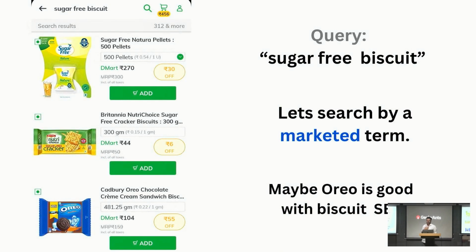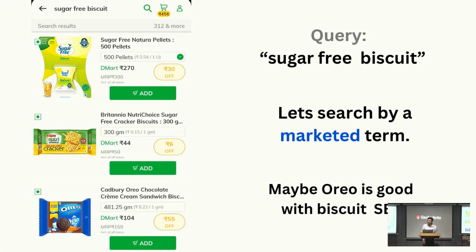So maybe I am wrong. Maybe I should know what the most common marketing term is. It's sugar free, and I searched that. The results we have are sugar free because it's in the name of the company. The second one has sugar free in the heading, and the third one is the same biscuit again, possibly because they are too good with the category marketing of biscuits.